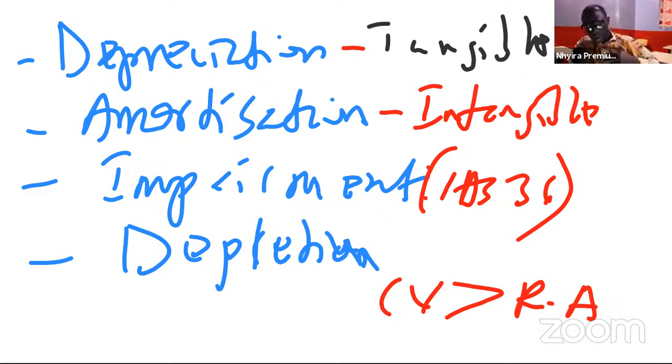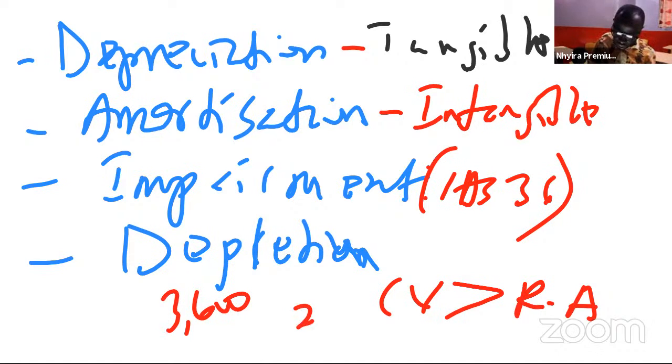So when we are carrying the asset at, say, 3,600, but the recoverable amount of that asset is, say, 2,600, then the asset has lost value. The asset has reduced in value by 1,000, and that is what we mean by impairment.